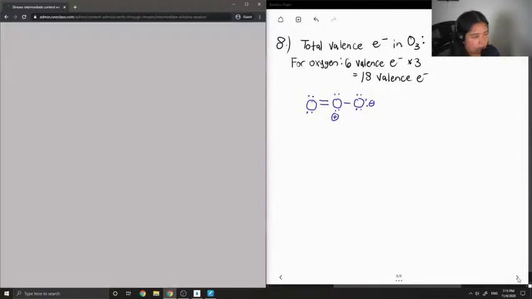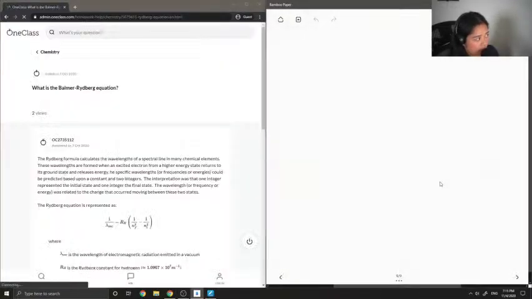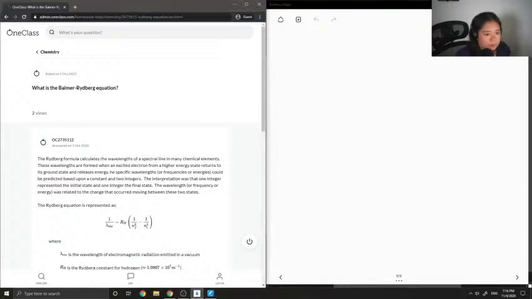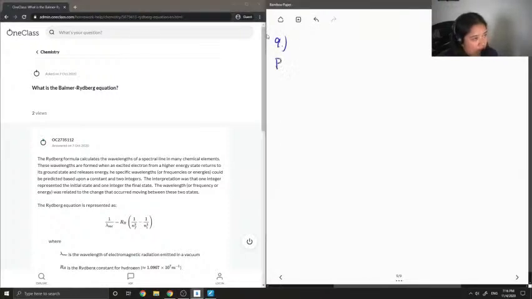Okay, so let's move on to question number 9. What is the Balmer-Rydberg equation?